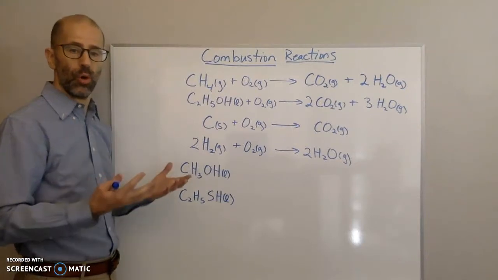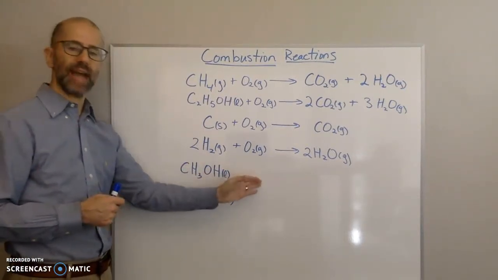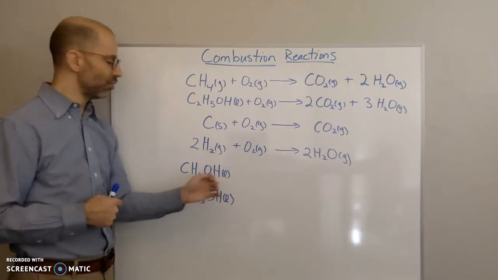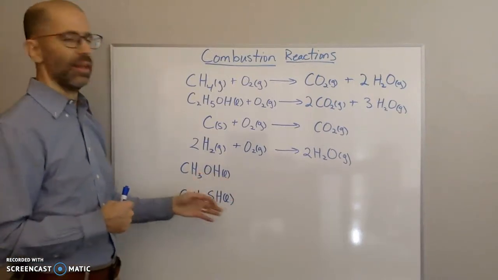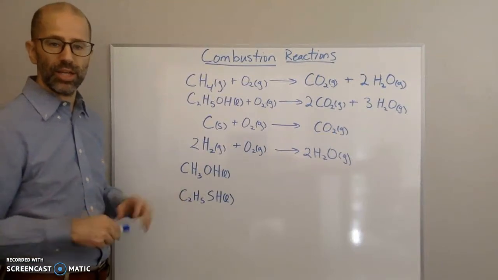Those are the only two products. You know the other reactant is oxygen because it's combustion, and you know it's going to produce carbon dioxide and water. So you've got the equation right there.